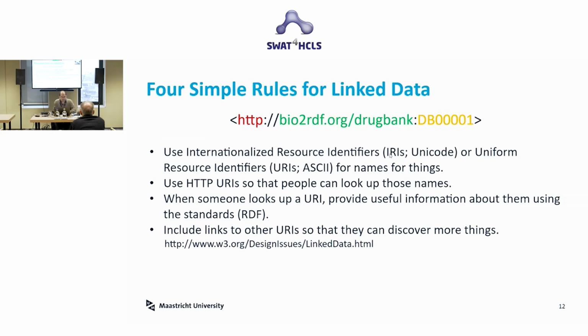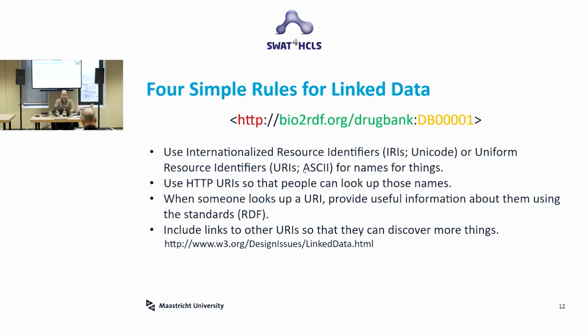So yeah, as I said before, this is the structure of the subject, the predicate and the object. It's an IRI within pointy brackets. And as I said before, linked data is a set of best practices or design principles to make data available in RDF, and these rules are to use IRIs or URIs for names of things.